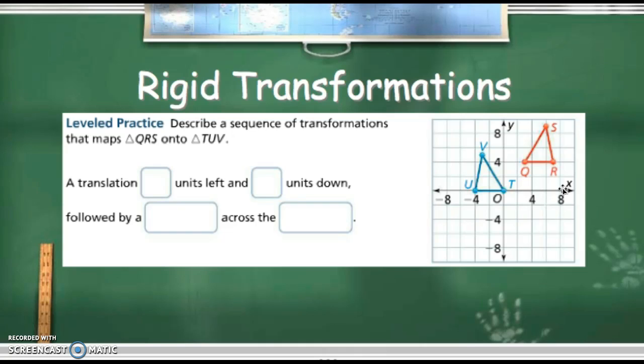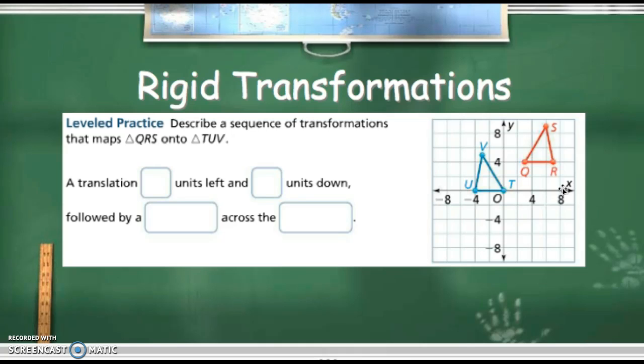And again, going back to earlier lessons, we did that. So a translation of blank units to the left and blank units down, followed by a blank across the blank. That's what we have to figure out.